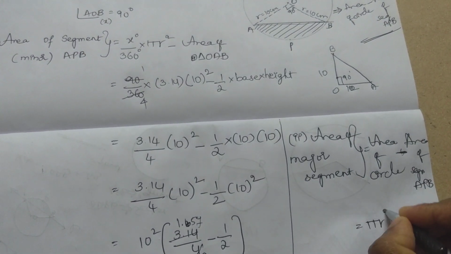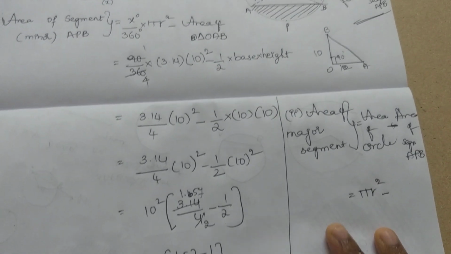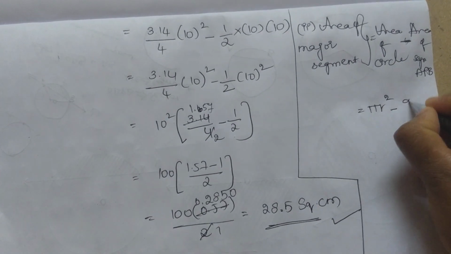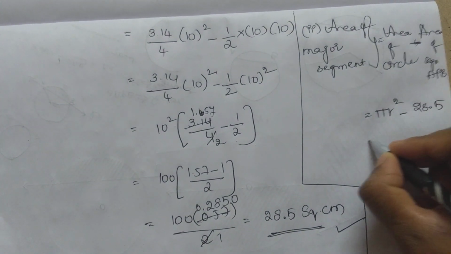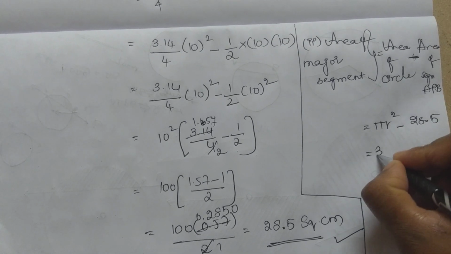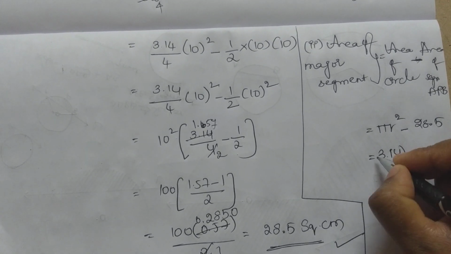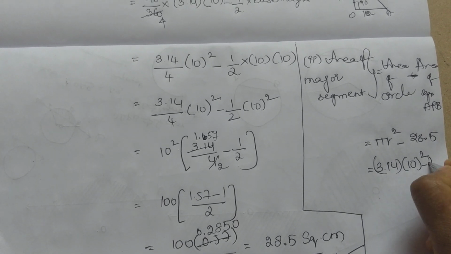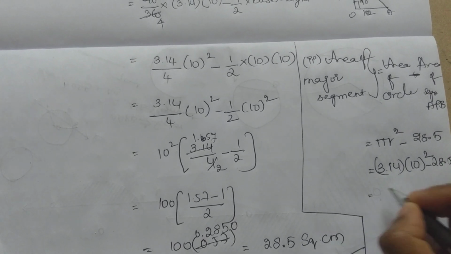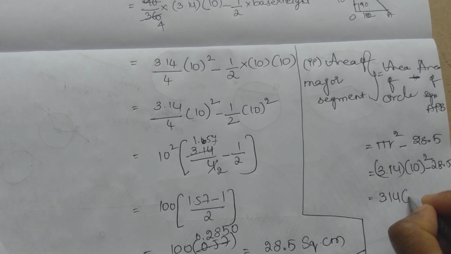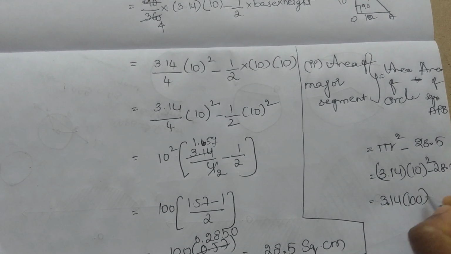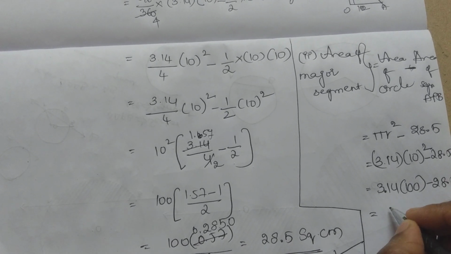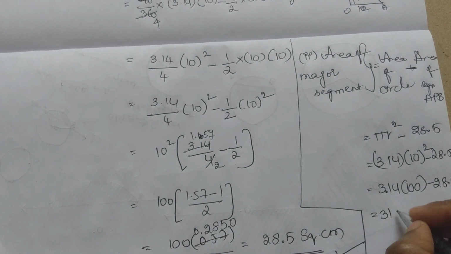That is equals to pi r square minus, what is the area of segment APB? We got it here. It is 28.5, correct? So here pi r square means what? 3.14 is pi. So what is r square? It is 10 square. Radius is 10, right? So minus 28.5. So how much does it become? So 3.14 into 100 minus 28.5, that is equals to, so the point will move 2 digits forward.